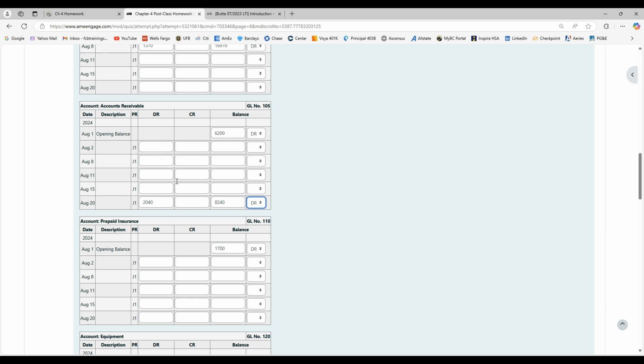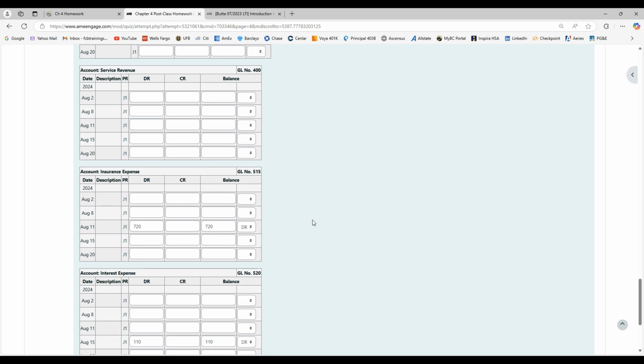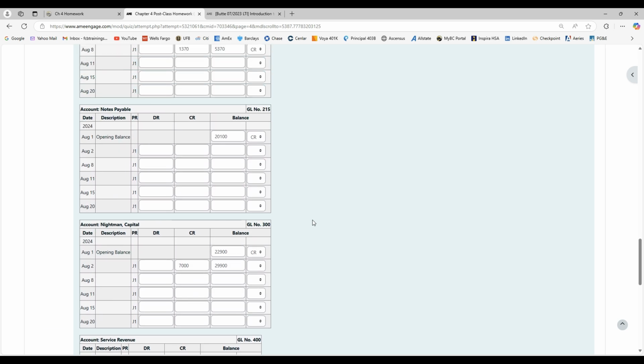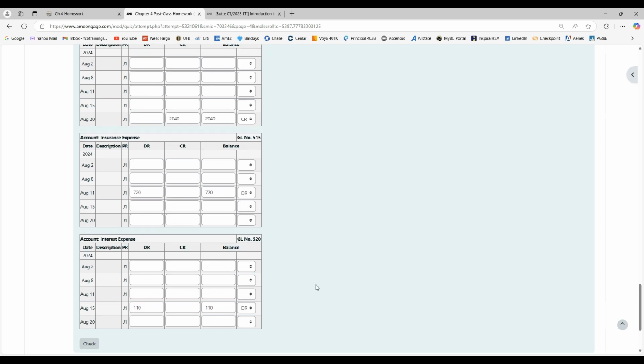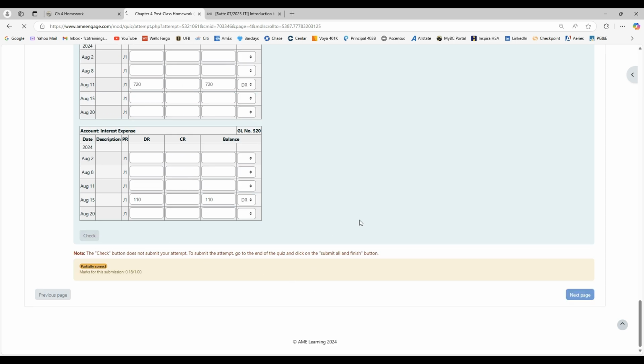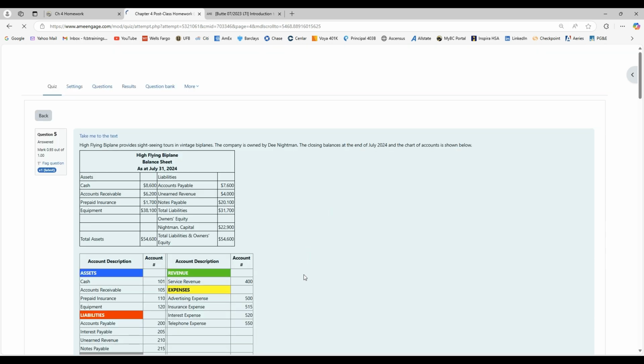We're debiting a debit and that adds to it. And we get 8240 to end. And then the final transaction here, service revenue is a credit. Let's find our service revenue account on the 20th, 2040. The balance just carries through, and then it's a credit balance. And let's see how our score comes out.